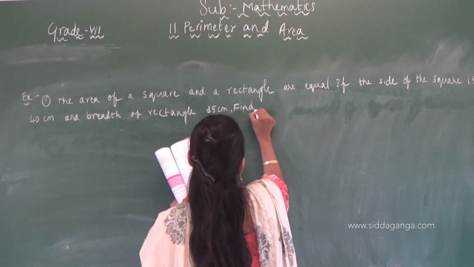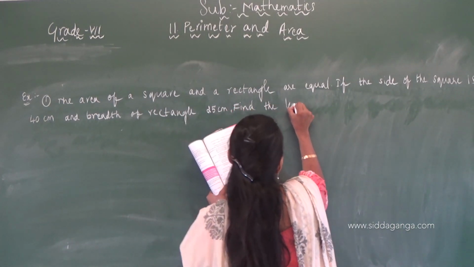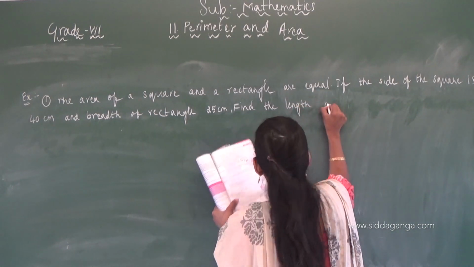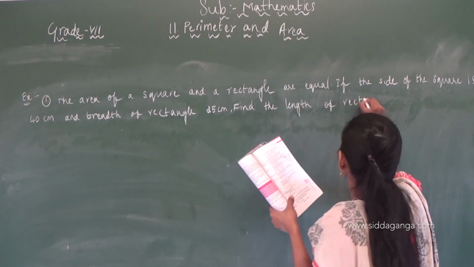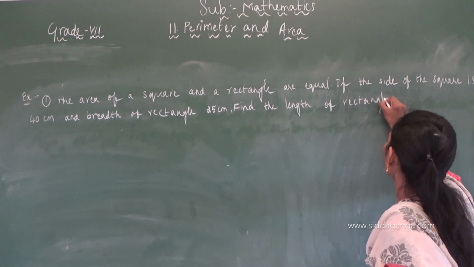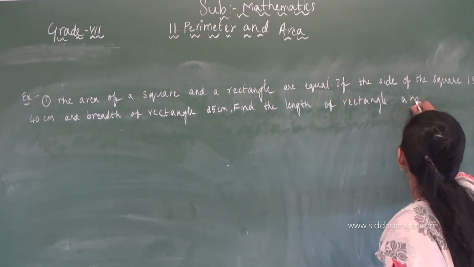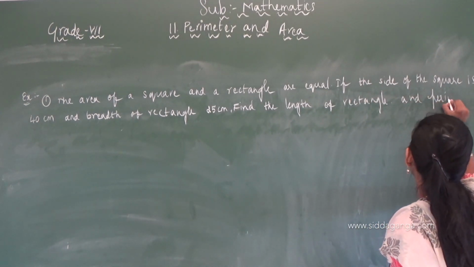Find the length of the rectangle and the perimeter of the rectangle.